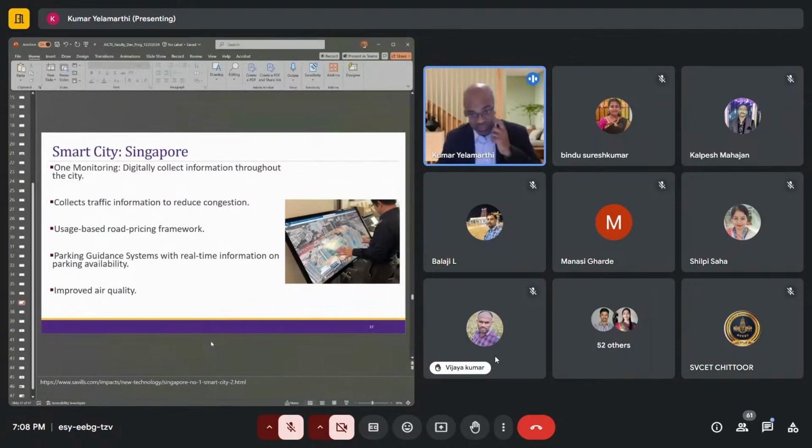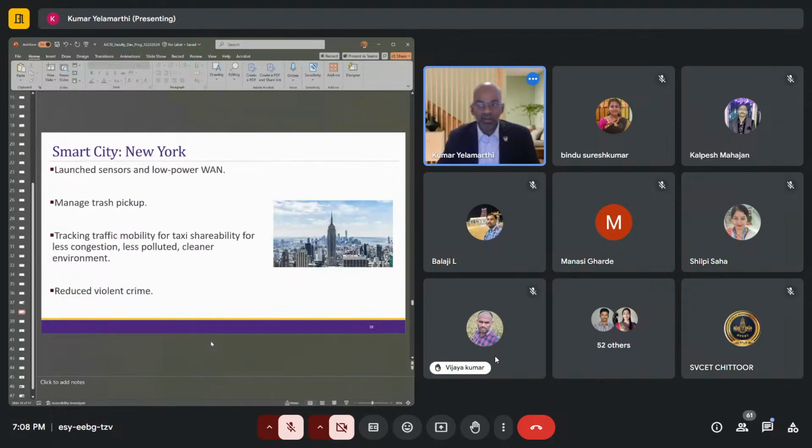So these are a few examples of cities that we're talking about here. Singapore is a smart city already. It collects data through the network, through the grid, through the vehicles to reduce congestion. Here is New York, a big city that we know.